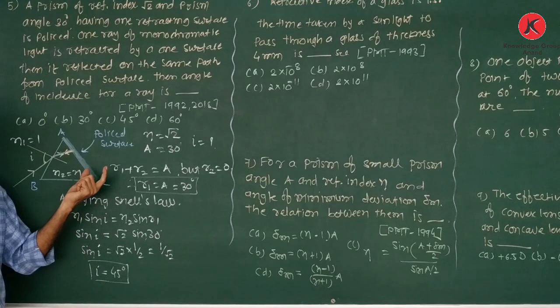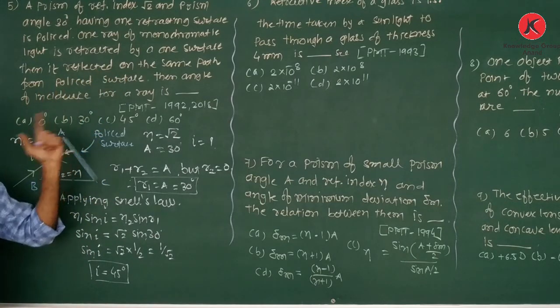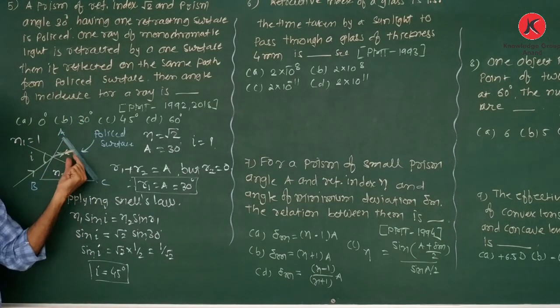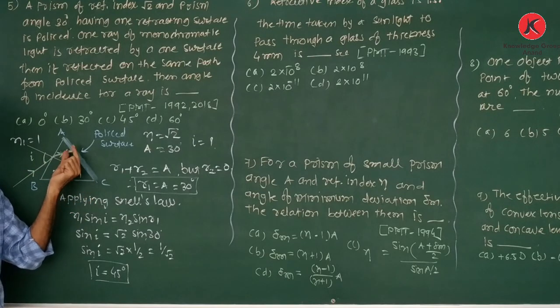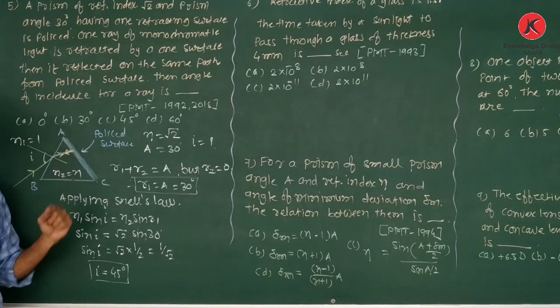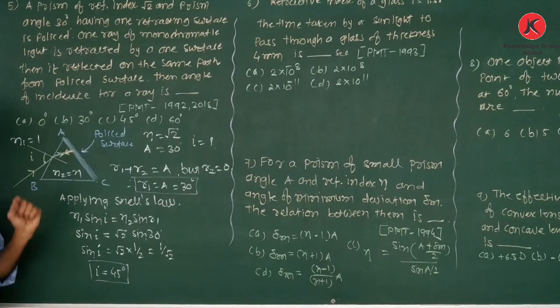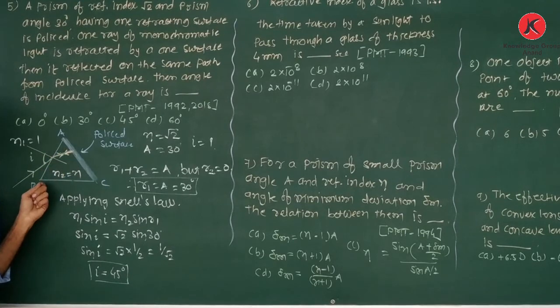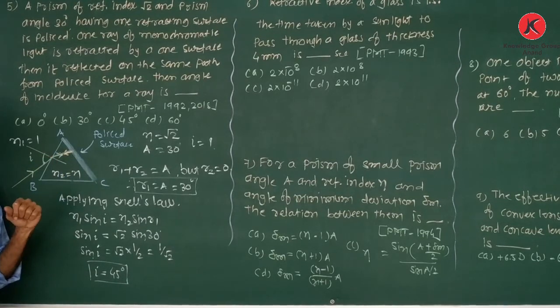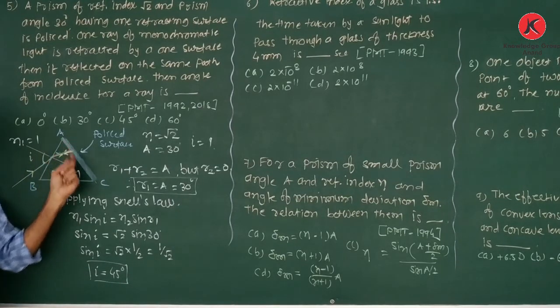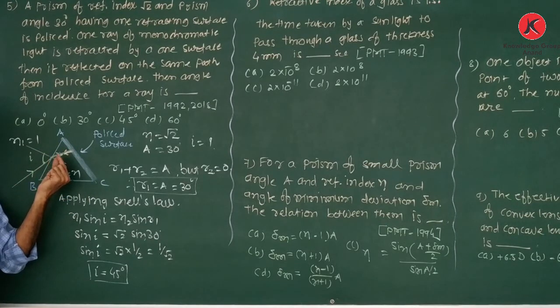Again, here first understand the question, what is given. One surface of a small prism having prism angle 30 and refractive index root 2 is polished. One ray of light is incident on one surface, then it is refracted. This ray is incident on the polished surface and reflected on the same path.